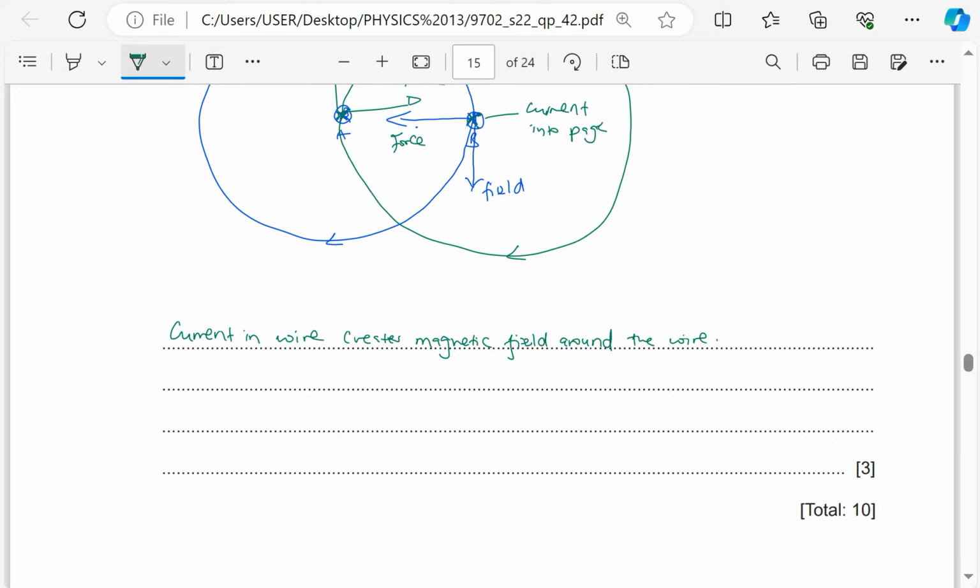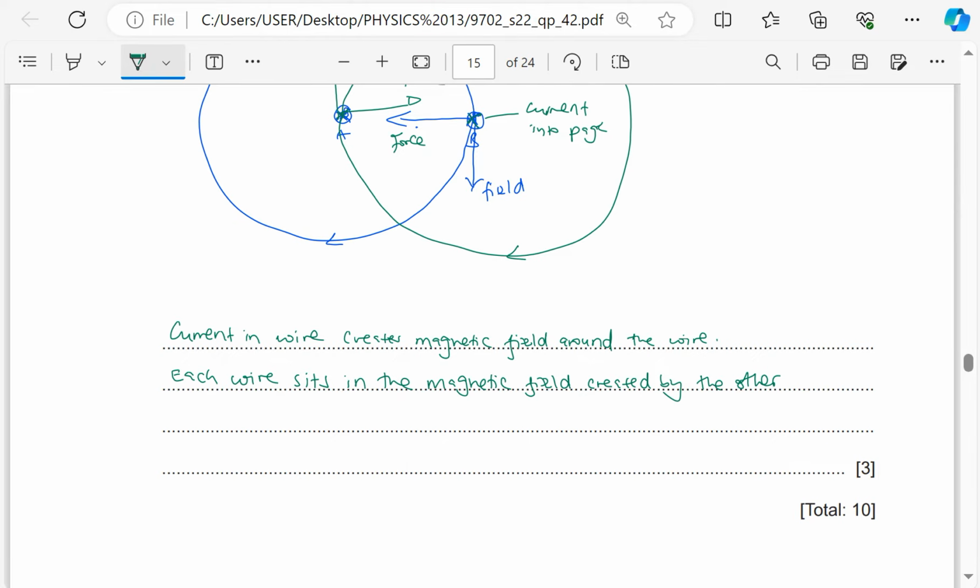And each wire sits in the magnetic field created by the other.